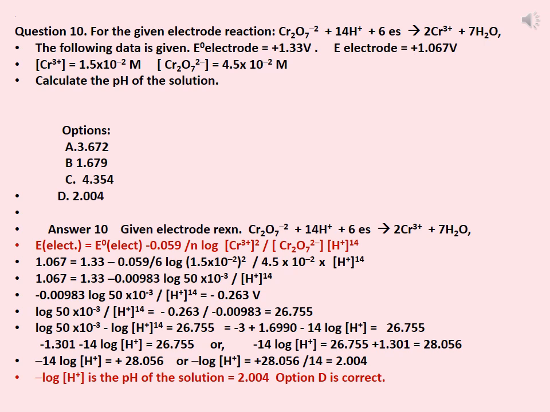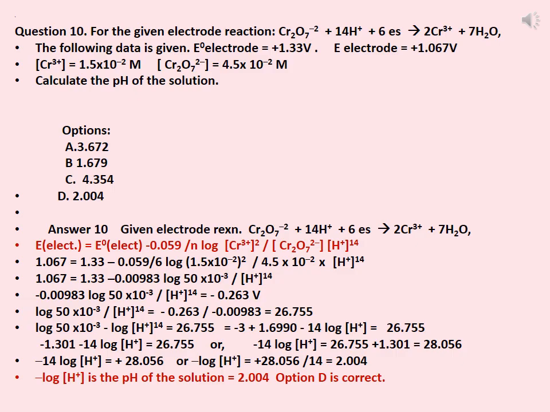That is, 1.067 is equal to 1.33 minus 0.059 divided by 6, we get 0.00983 into log of 50 into 10 power minus 3 divided by H plus ion concentration raised to power 14.